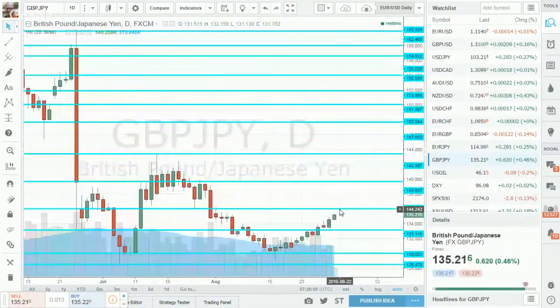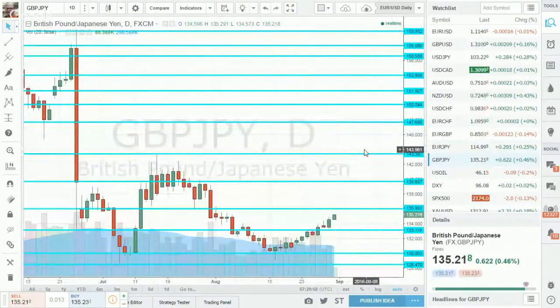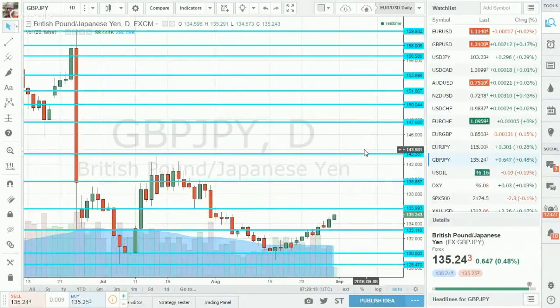Okay, this is pound yen, a very popular cross among currency traders, approaching resistance here at 136. Further resistance 139, under the round number, of course, of 140. The high level seen post-Brexit is 143.40, so this is key resistance to the upside.